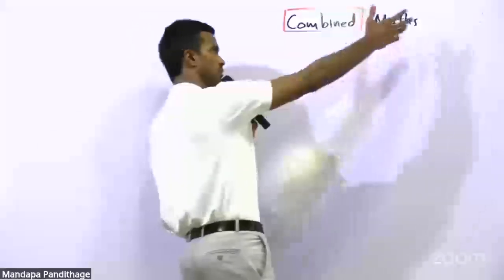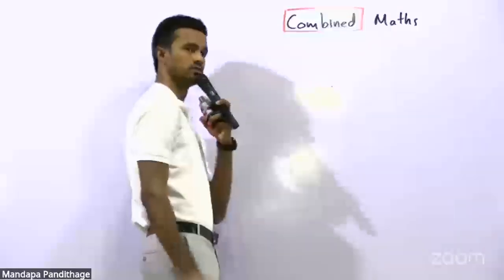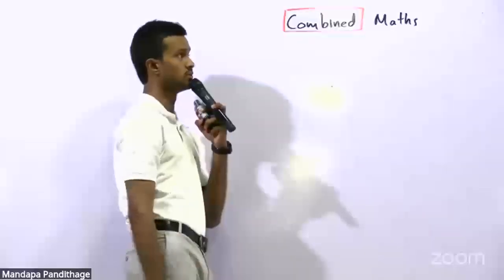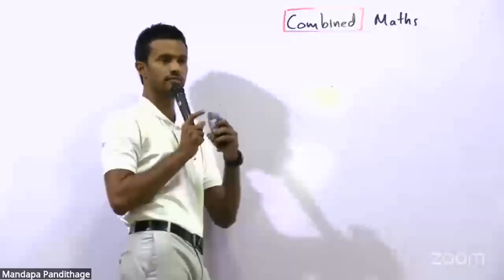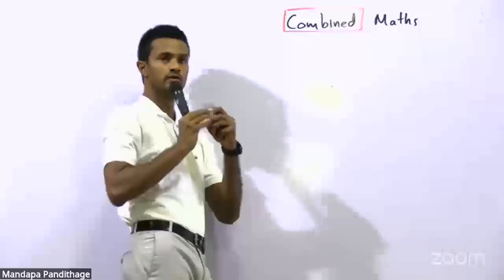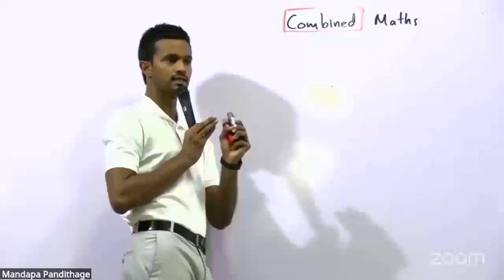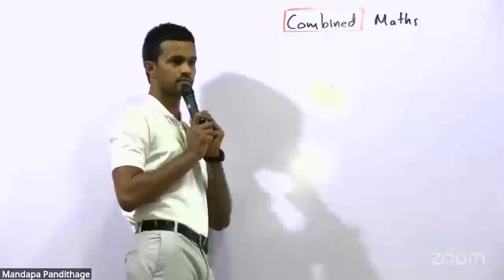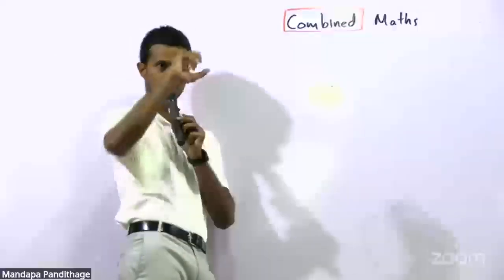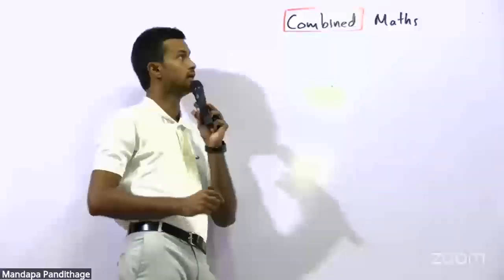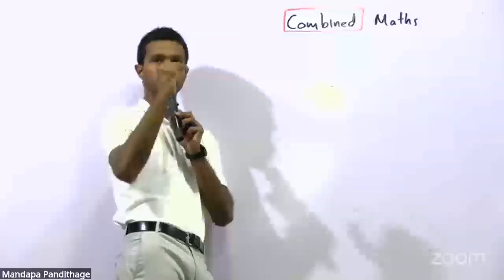But when you go to a university to do engineering or especially physical sciences, where you will be working with these math subjects, you won't hear the word combined maths. In the physical science faculties, we have separate pure maths modules.